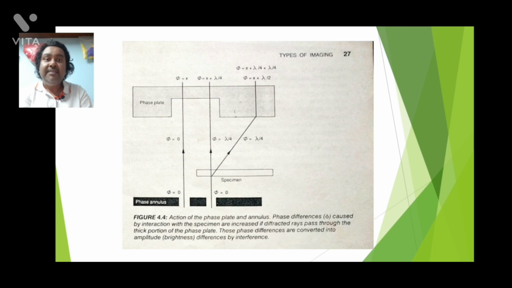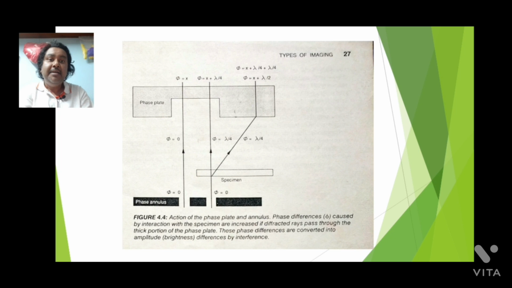It is also passing through the thinner portion of the phase plate, so no phase shift occurs here.